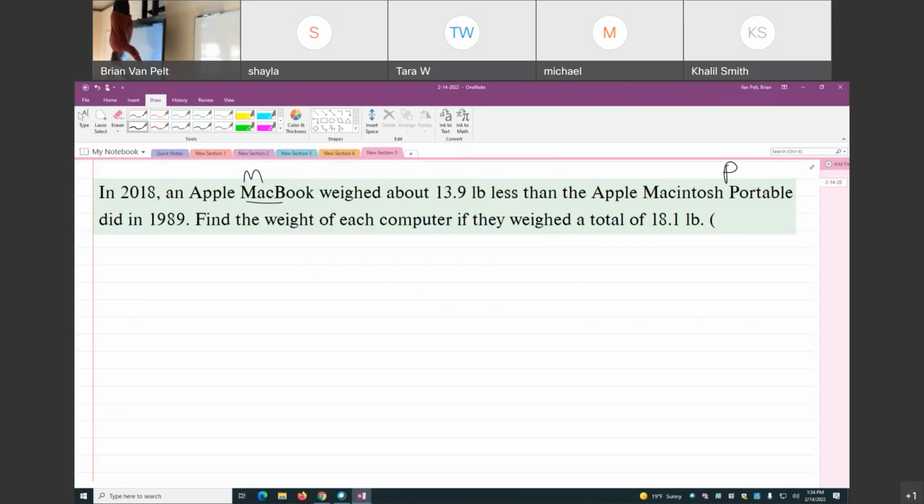M weighed about 13.9 pounds less than P. Can you tell me an equation that would relate those two? The subtraction will be in there, but what will it look like? So we know it'll be equals. Tell me what goes here and here.